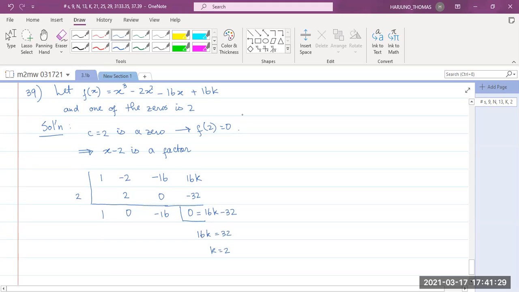Now furthermore, let me continue to the right-hand side. So our f(x) now is x cubed minus 2x squared minus 16x plus 16 times k. That's 32.